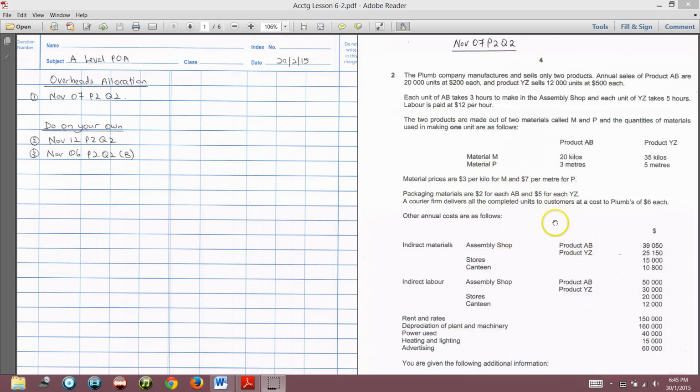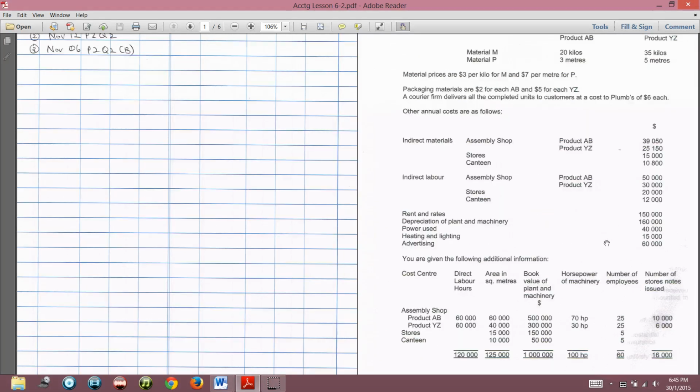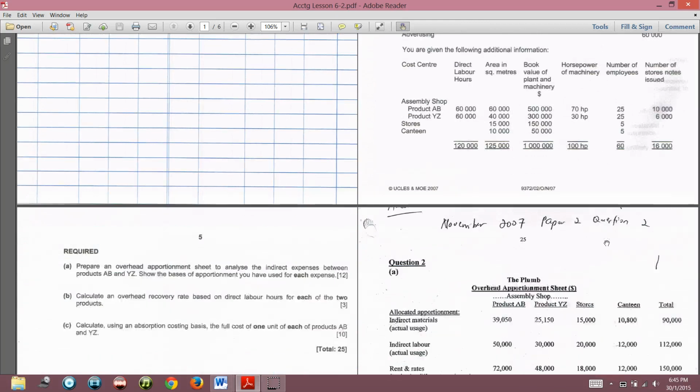So all this information is given here, but what is the question asking? The question says: A, prepare an overhead apportionment sheet to analyze the indirect expenses between products AB and YZ, and show the basis of apportionment you have used for each expense. B, calculate an overhead recovery rate based on direct labor hours for each of the two products.